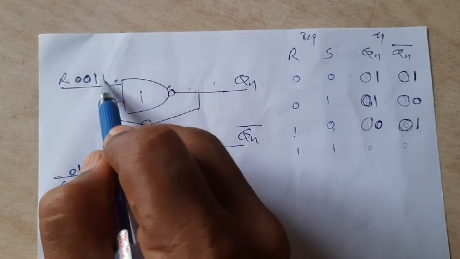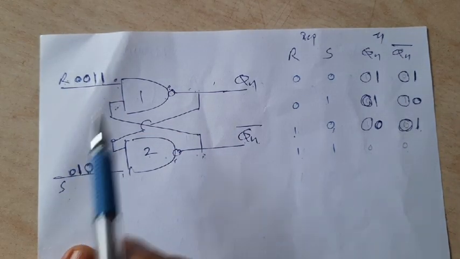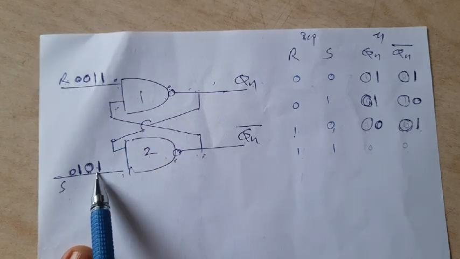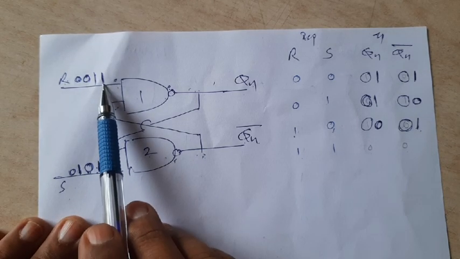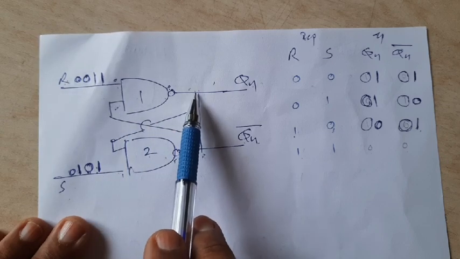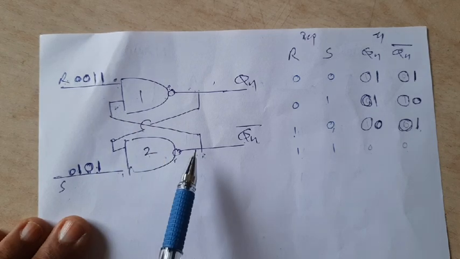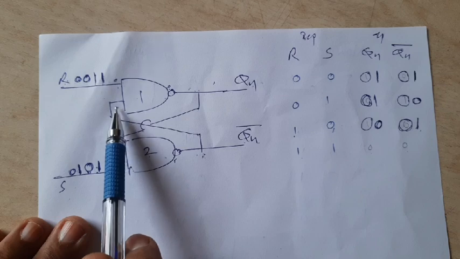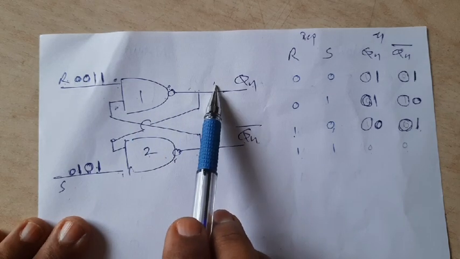And what happens for R equal to 1 and S equal to 1? Suppose both are 1 1. Now we will have to take care that as one input is 1, the output of the NAND gate will depend on the second input. If it is 0, then the output will be 1.